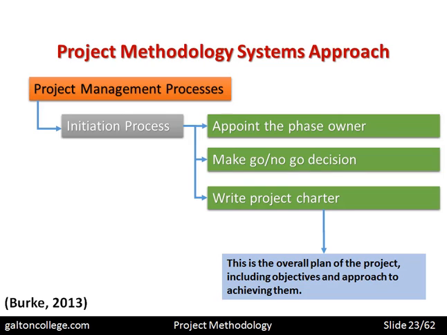Then write the project charter. This is the overall plan of the project, including objectives and approach to achieving them. So write the overall project charter. Write up what the project is about, what the plan is, what are the objectives, what's expected, and what approach should be used to achieve them.